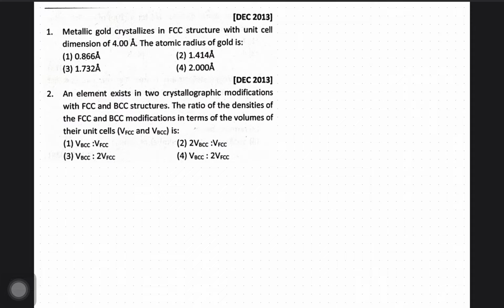Now the first question is, metallic gold crystallizes in FCC structure with unit cell dimension of 4 angstrom. The atomic radius of gold is, now see, a is given 4 angstrom. We know that for FCC the relation is 4r = √2 a.